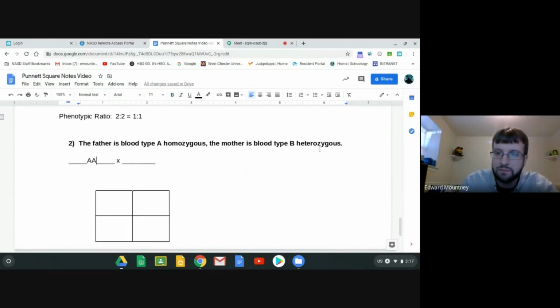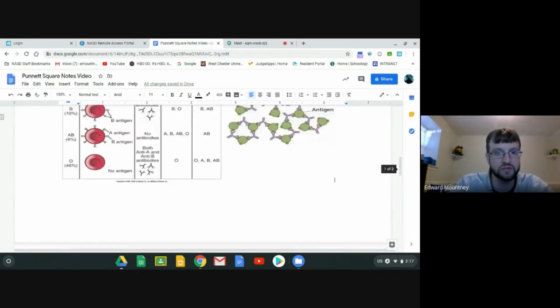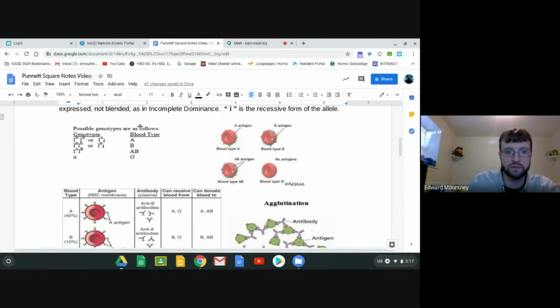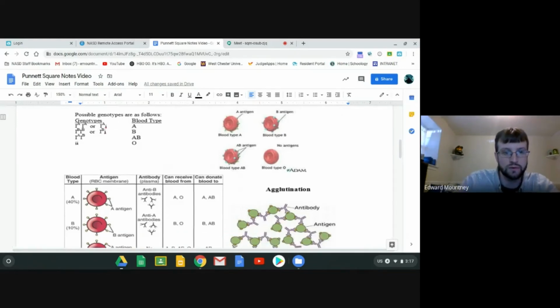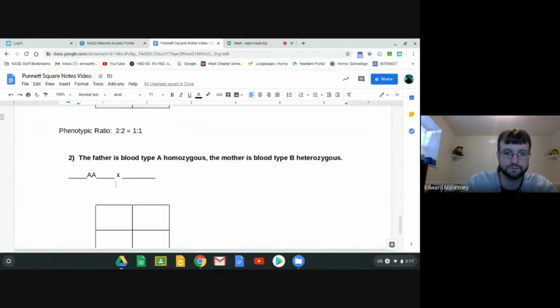Now the mother is type B heterozygous. Well, we remember, again, back from biology because we love it so much. Heterozygous means the different. So if they're blood type B heterozygous, it's not this one. It has to be this one. So it's one B and one O. So we'll put that for the mother.